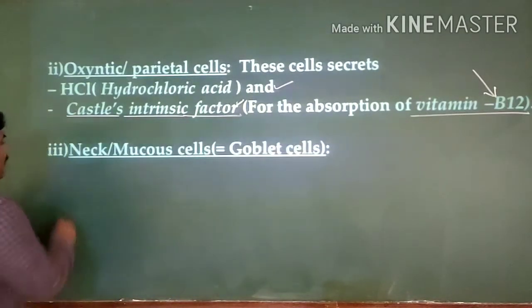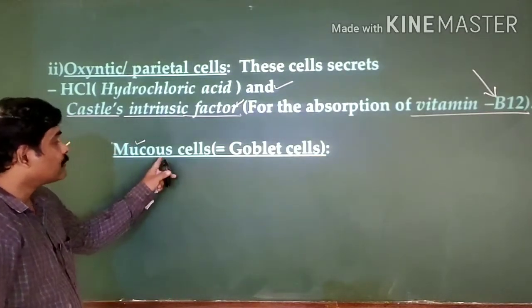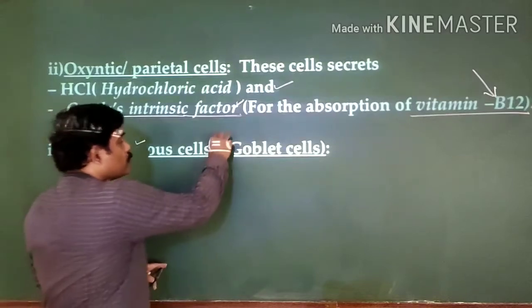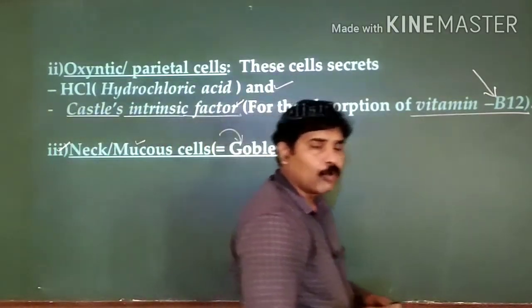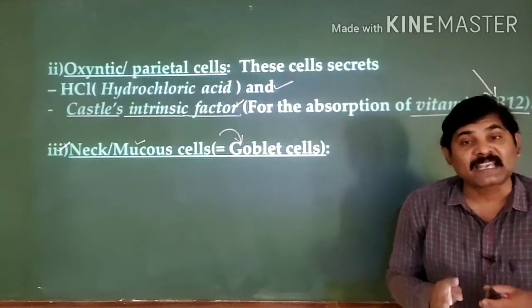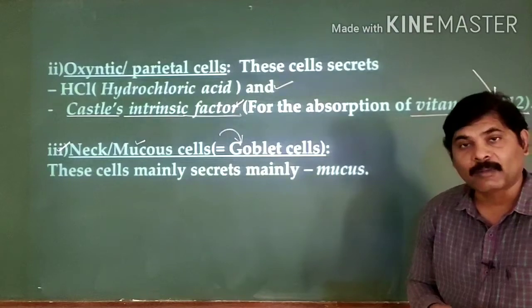When you come to the third one, the neck cells or the mucous cells. The neck cells or mucous cells are otherwise known as goblet cells. The major function of these goblet cells is secretion of the mucus. A large amount of mucus will be secreted by this.